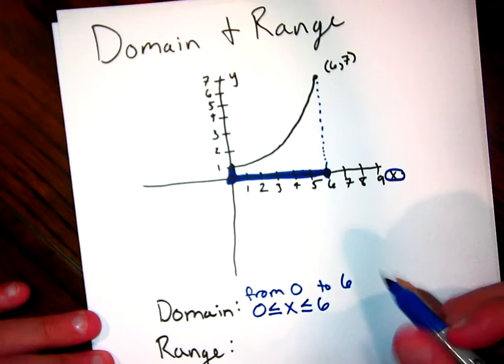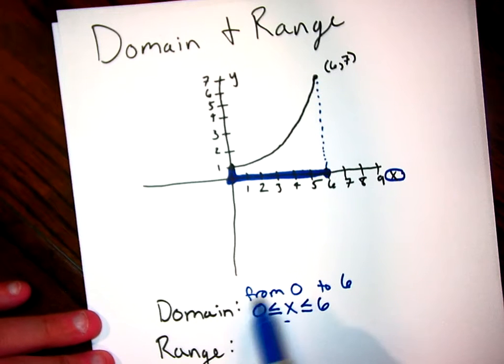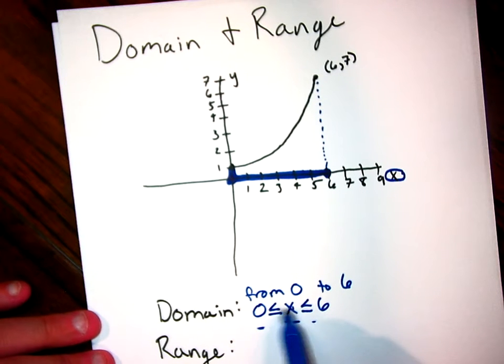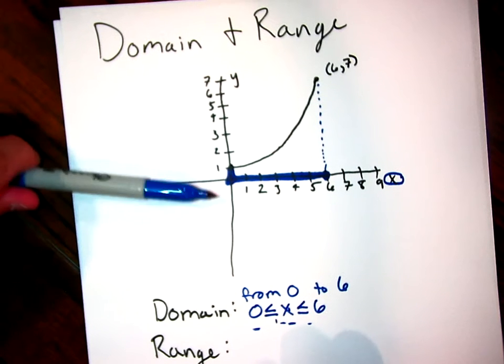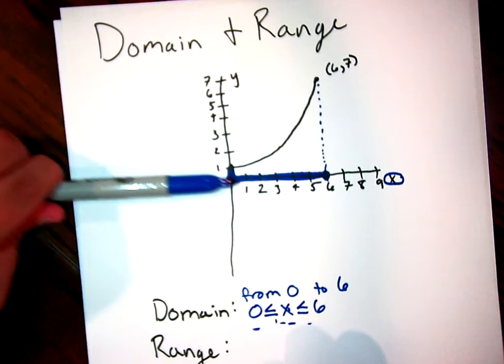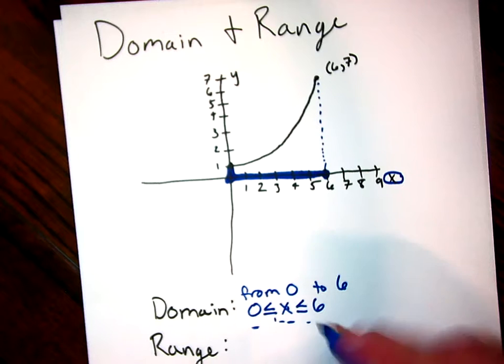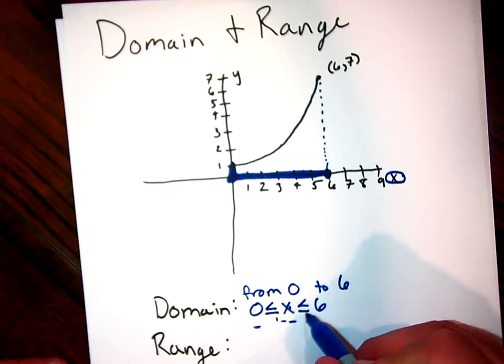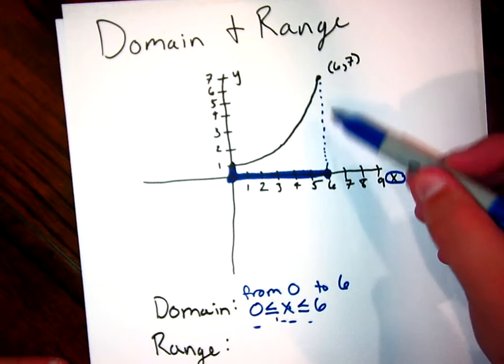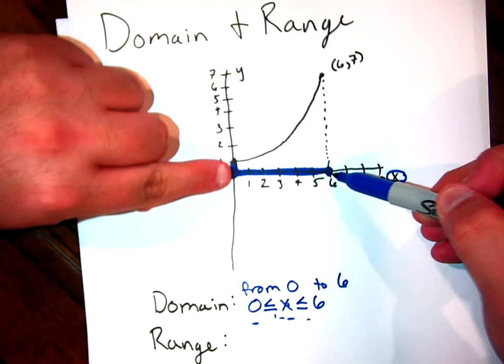What this specific math denotation says is that x is greater than or equal to 0. It starts at 0 and it gets bigger. Okay, that's all my domain. And x is less than or equal to 6. So x is basically between these two values here. Okay, and that's the domain.